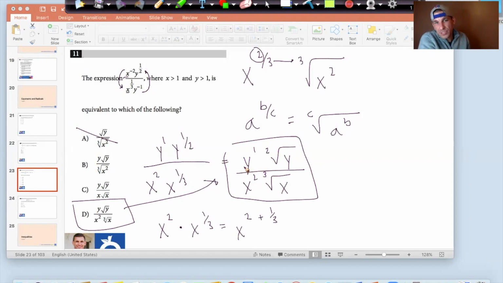The hardest part about this problem is just simply understanding how to do radicals. It's just how to label radicals in terms of what is your exponent versus what is your radical. Remember, the top number, which is your numerator, becomes your exponent, and the bottom number, which is your denominator, is what becomes your radical.